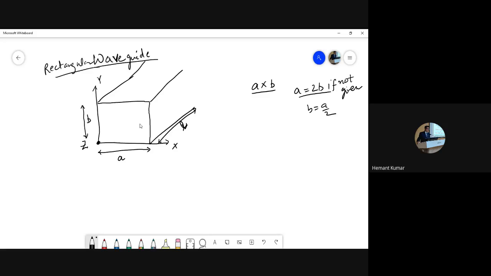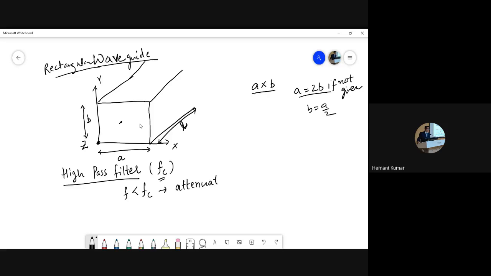So the wave is transmitted from this point. The wave will be transmitted because a waveguide actually acts as a high pass filter. It will attenuate certain frequencies. If the cutoff frequency of this waveguide is fc, then if the frequency is less than fc, it will attenuate the wave.